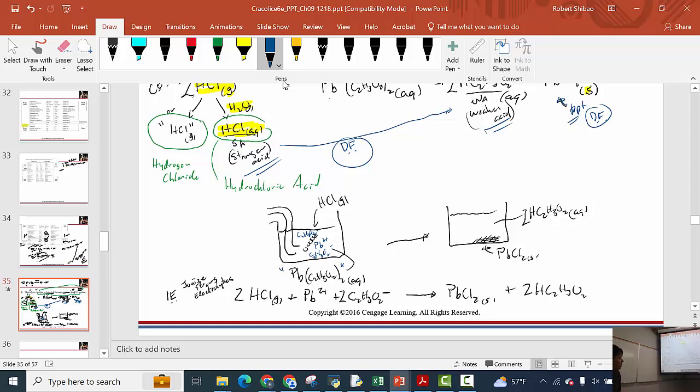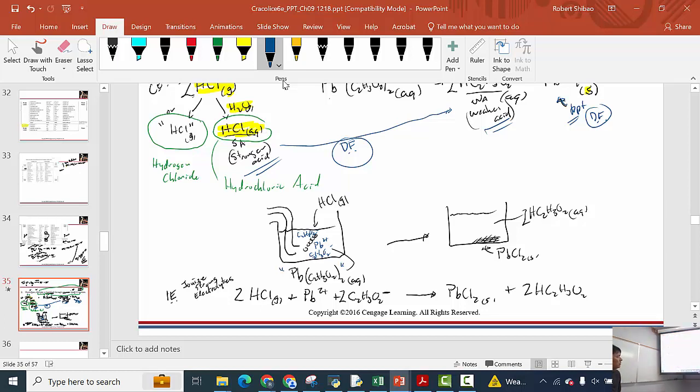It's a 1-to-2 ratio. What happened to the hydrogen? What happened to HCl? I see what happened to the chloride, but I don't know what happened to the hydrogen. The hydrogen went to acetate. The chloride went to lead. And so the H plus went to acetate to form acetic acid, and the chloride went to lead to form lead-2 chloride.